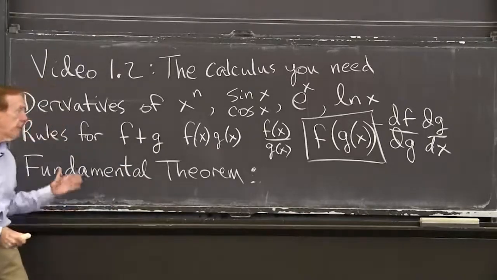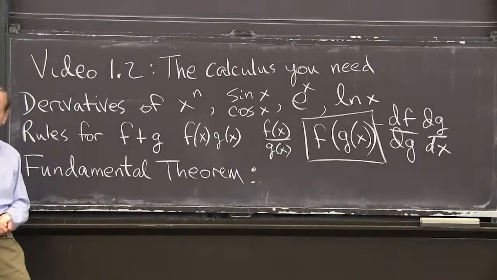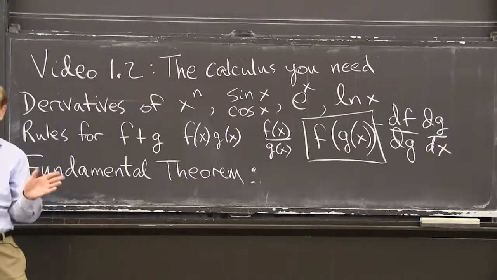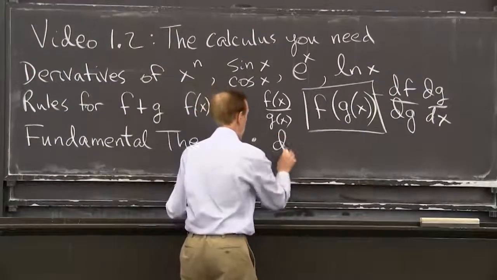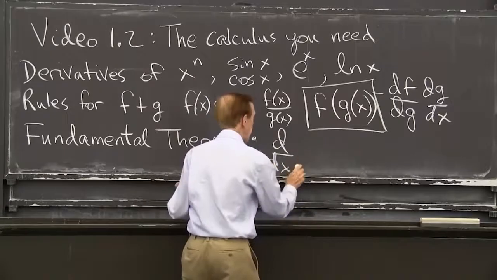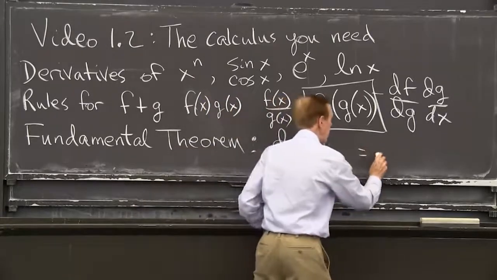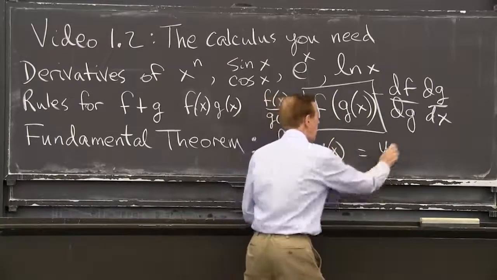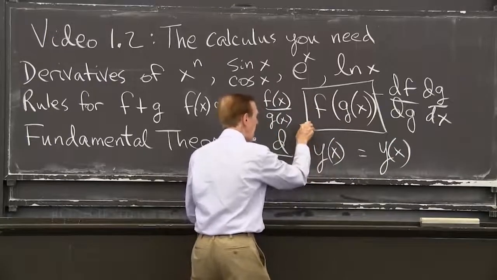Okay, and then the fundamental theorem. So the fundamental theorem involves the derivative and the integral. And it says that one is the inverse operation to the other. The derivative of the integral of a function is, yes, here is y, and the integral goes from 0 to x.